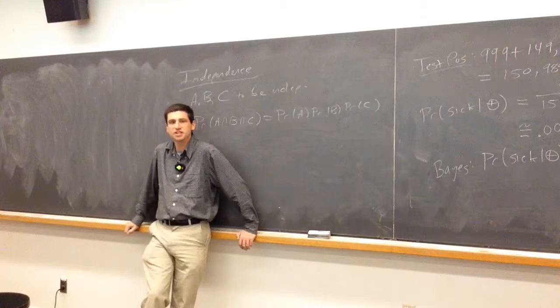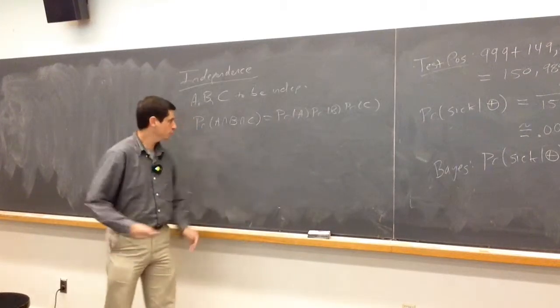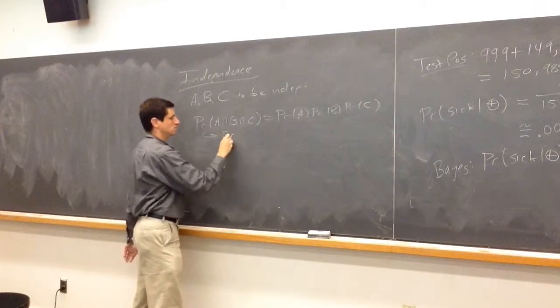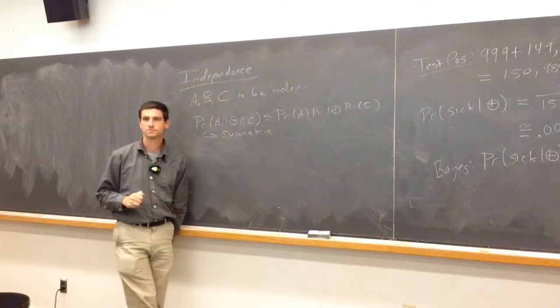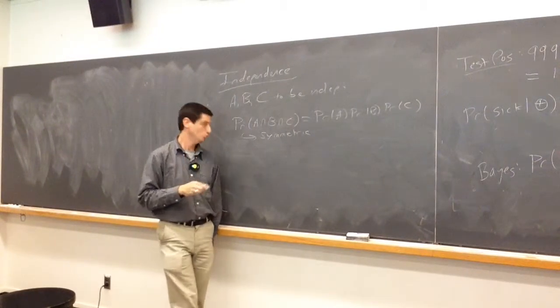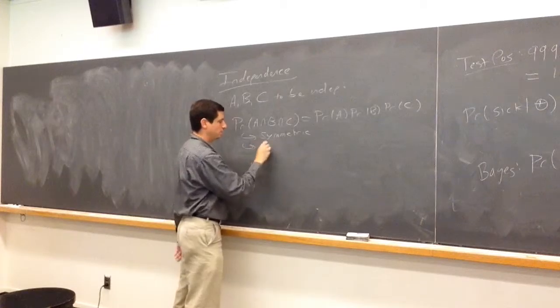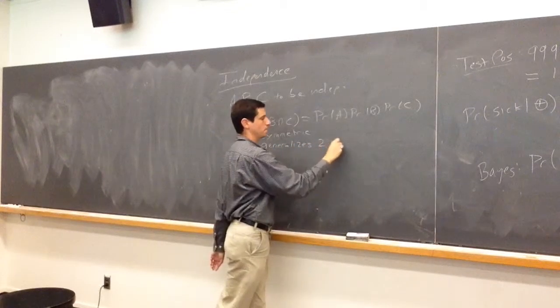Do you like this as a definition of independence? Does it have anything good about it? It's symmetric. That's good. Anything else? It looks like the last one, so it seems to generalize. So it generalizes 2 events.